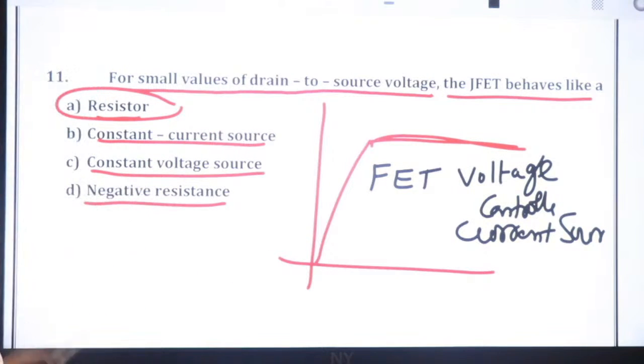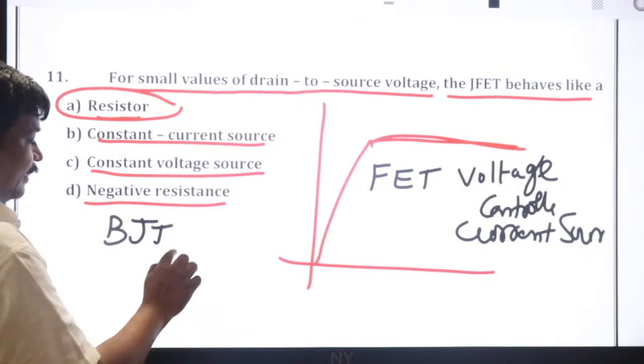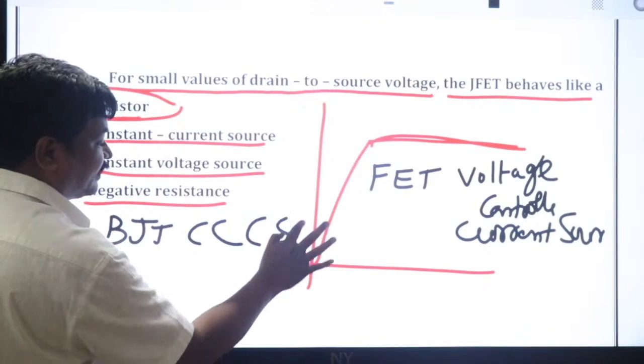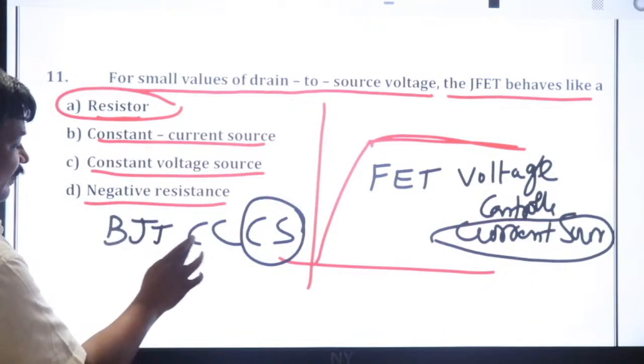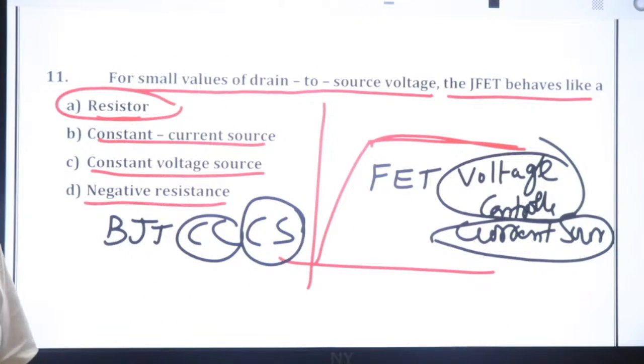Whereas BJT is a current controlled current source device. This is a current source, this is also a current source, but this one is current controlled and this one is voltage controlled. That point, don't forget.